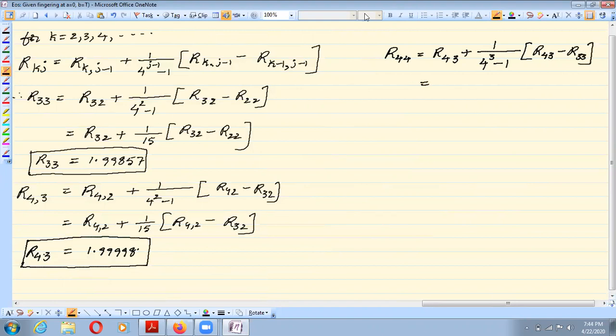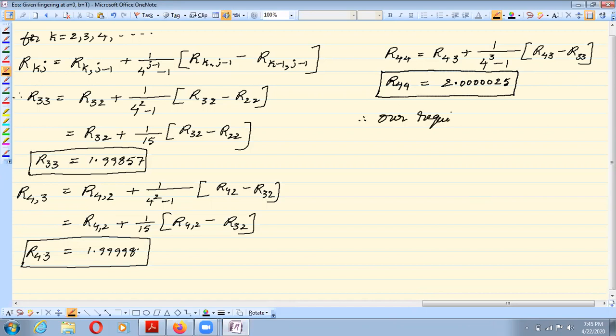So if you simplify this one, 2.0000025. This is R44. So this is our final approximation. Therefore, our required approximation is R44 is equal to 2.0000025. This is the answer.